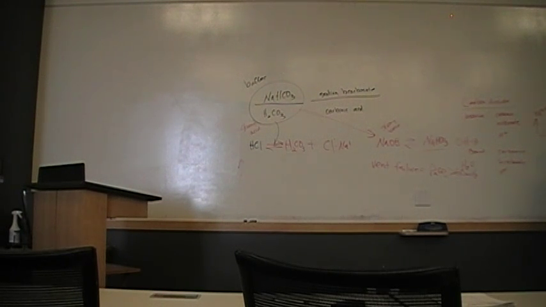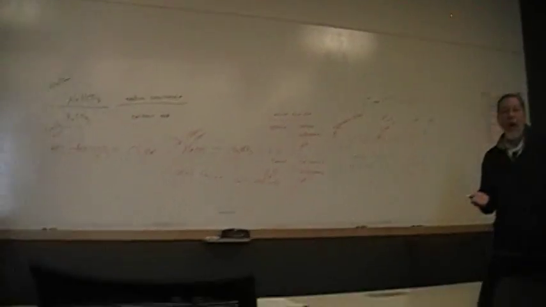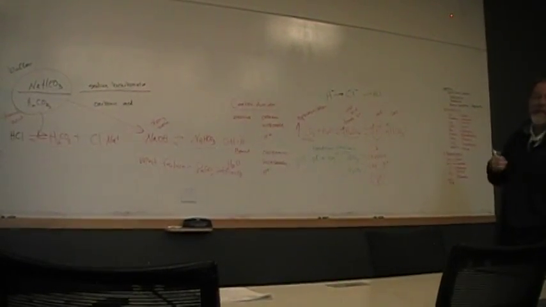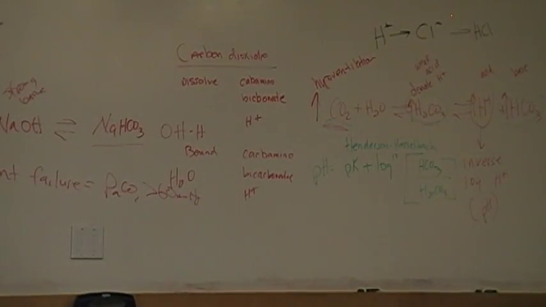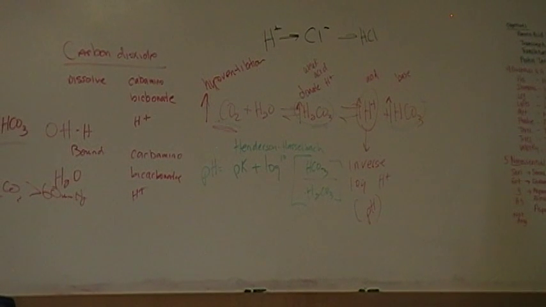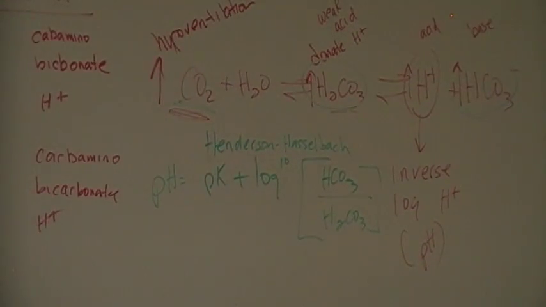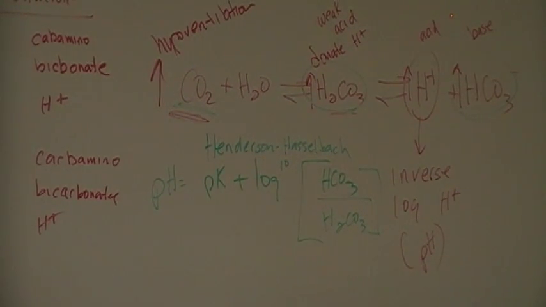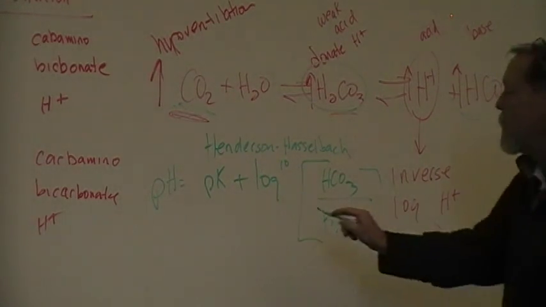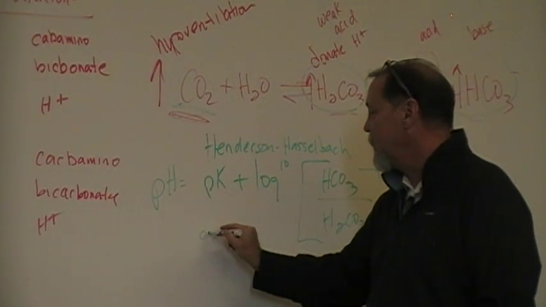Henderson-Hasselbalch then describes how we make sense of pH. We can generally describe it as the inverse log of the hydrogen ion concentration. So pK is always 6.1.